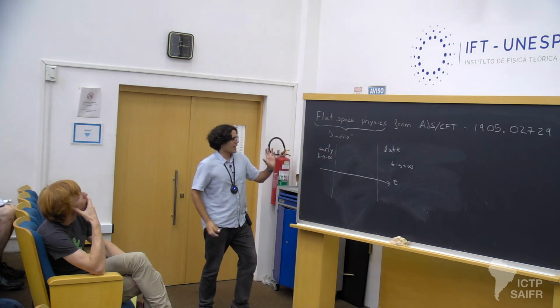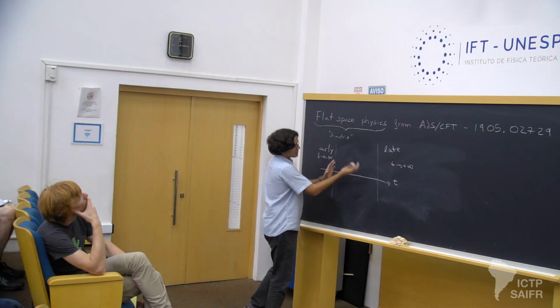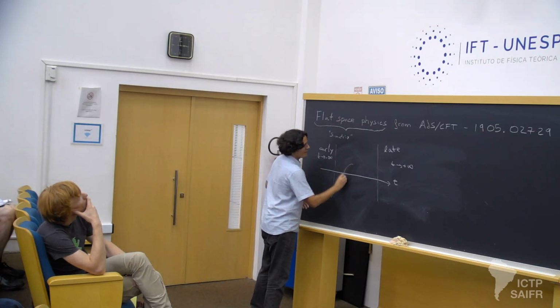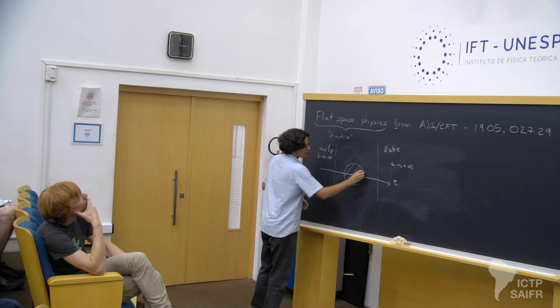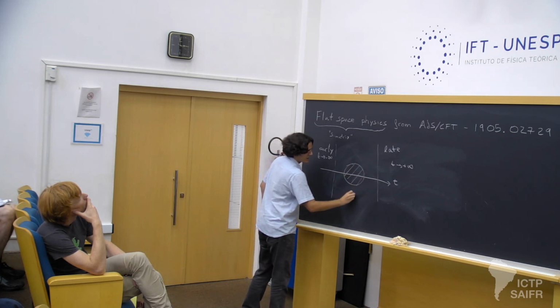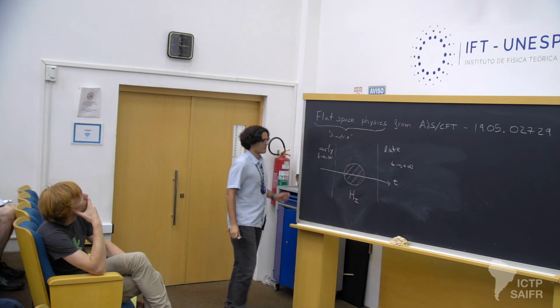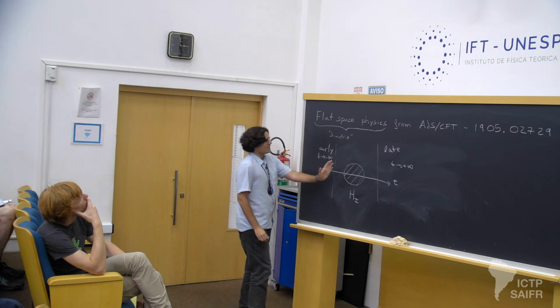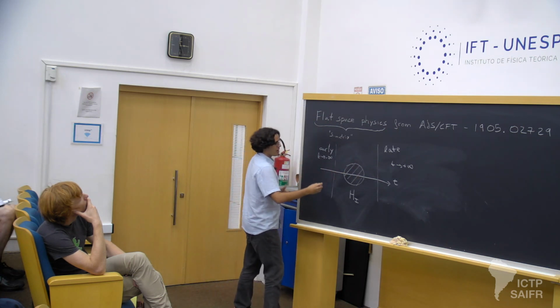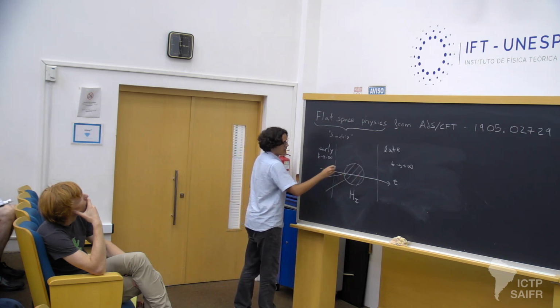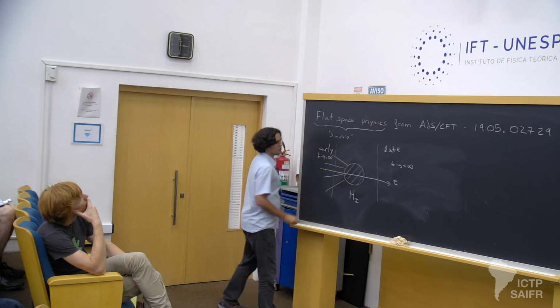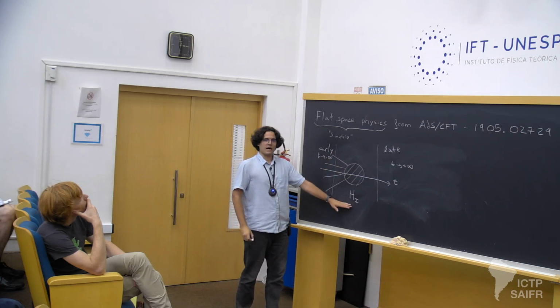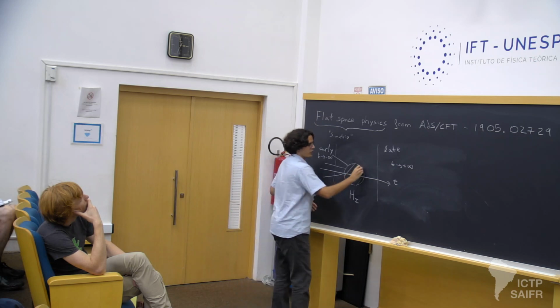Now, when particles are in this region of finite time, they can interact in a very non-trivial way. So here there's some crazy interaction that is mediated by some interaction Hamiltonian. But when time is early or late, we assume that particles are very far away from each other, and so in principle they don't interact that much as the interacting Hamiltonian would tell you.